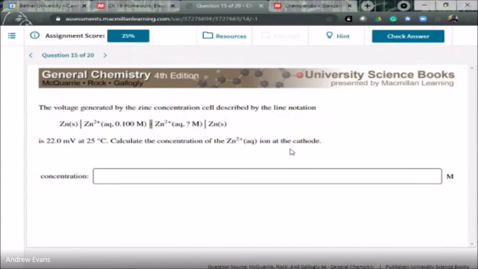So that means that is 0.022 volts. And they want to know, what is the concentration of zinc at the cathode? 0.100. So you've got zinc 2 plus, and you have zinc 2 plus.